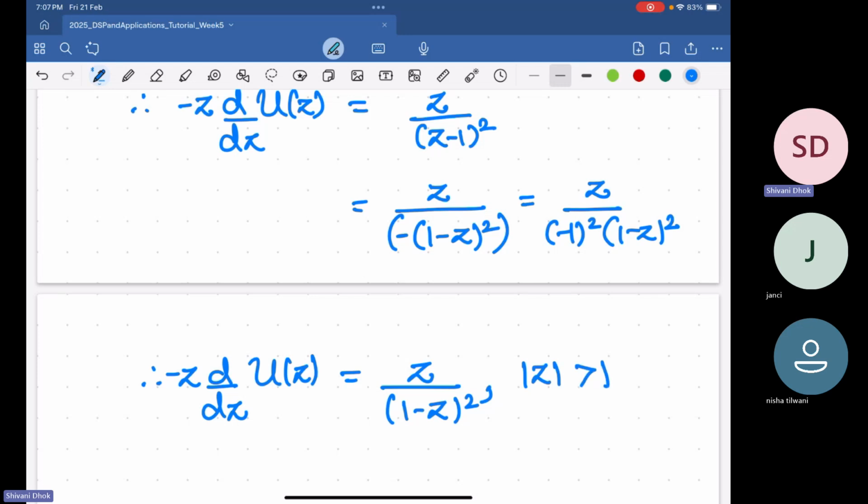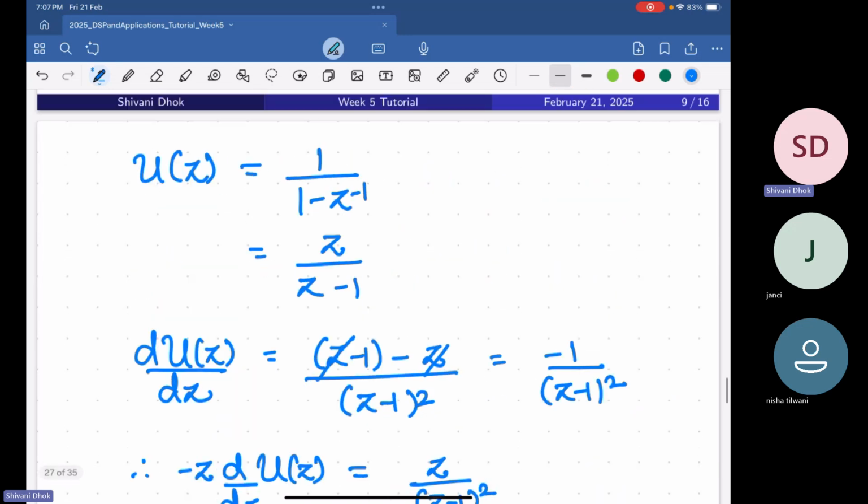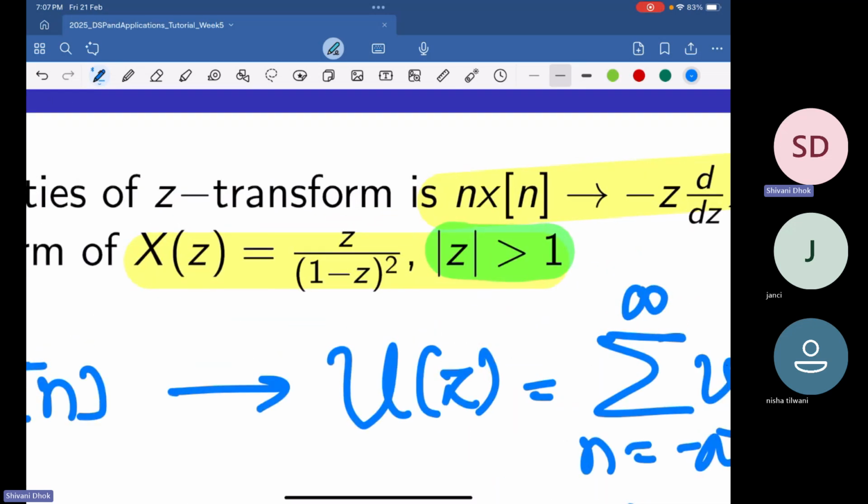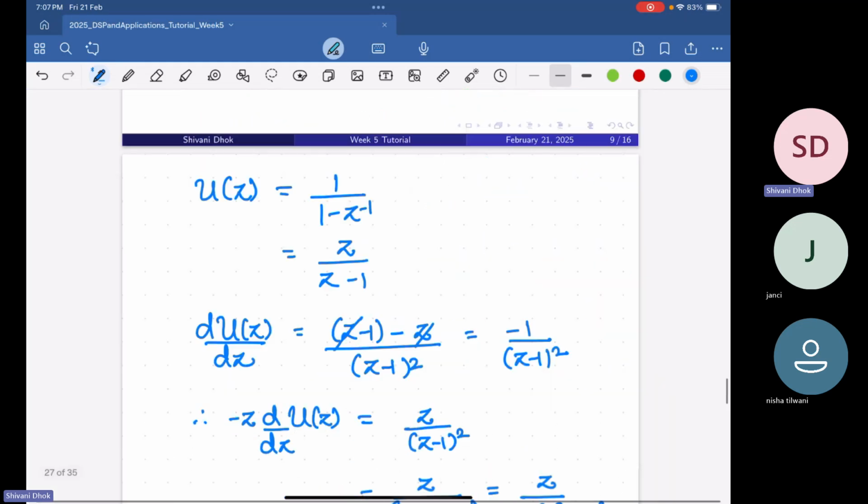Now let us go back to our question. What was given to us? X(z) as z upon (1 minus z) whole square, for magnitude of z greater than 1. This is the exact thing that was asked.